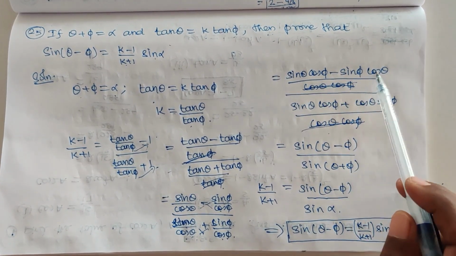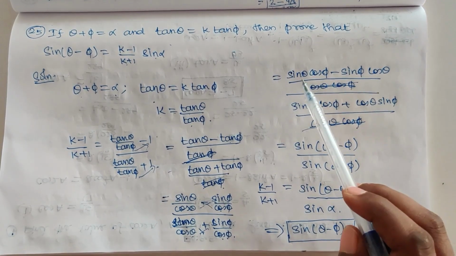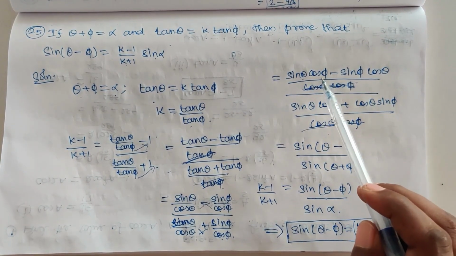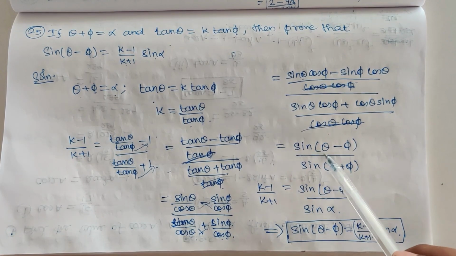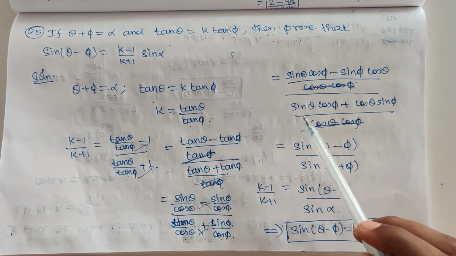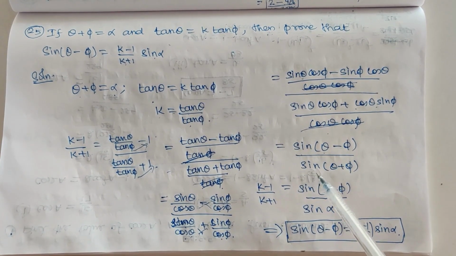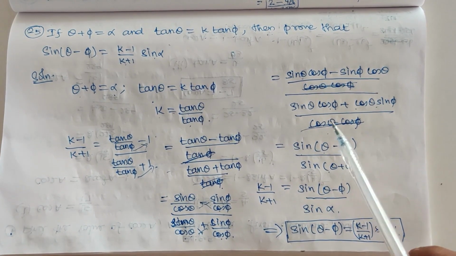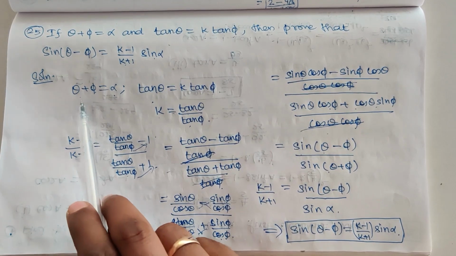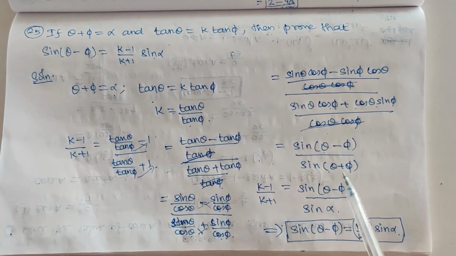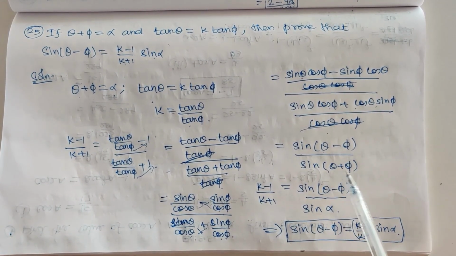Sin a cos b minus cos a sin b is equal to sin of a minus b. So here a value is theta and b value is phi. So sin of theta minus phi, the whole divided by this is what? Sin a cos b plus cos a sin b is equal to sin of a plus b. So sin of theta plus phi. So already you know the given condition, theta plus phi is equal to what? Alpha. So here I am going to substitute theta plus phi is equal to alpha.